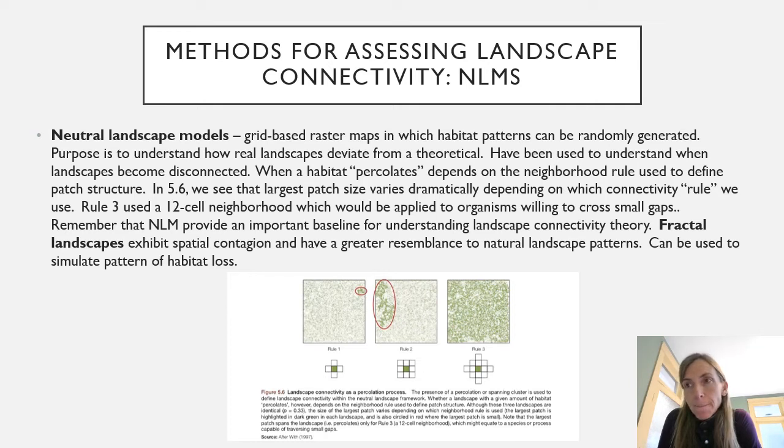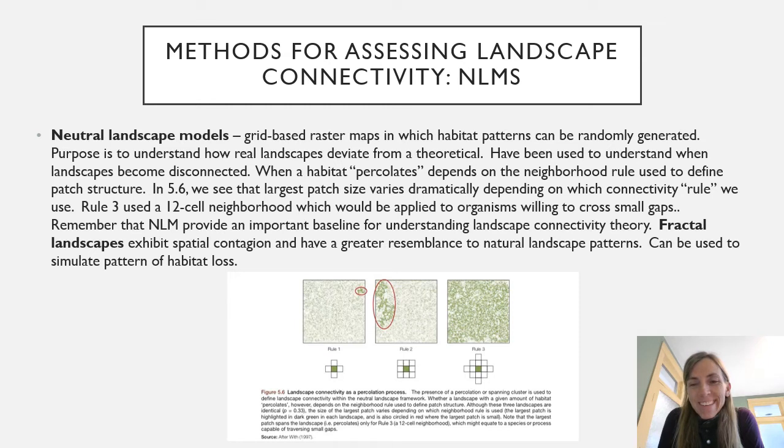They give us a baseline or a null hypothesis on which to base some of our studies. So they've been used to understand when landscapes become disconnected, when a landscape percolates. It depends on the neighborhood rule that we use, and that again is usually defined by our understanding of the organism and their willingness to cross certain landscapes.